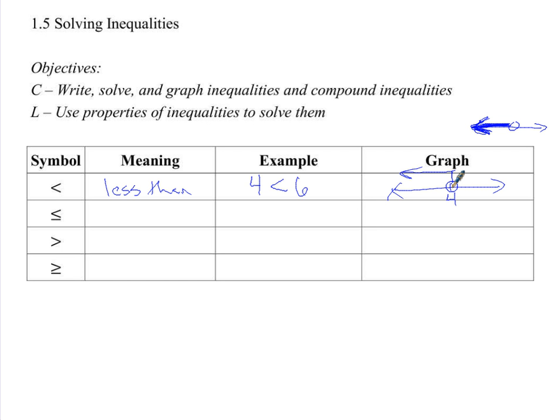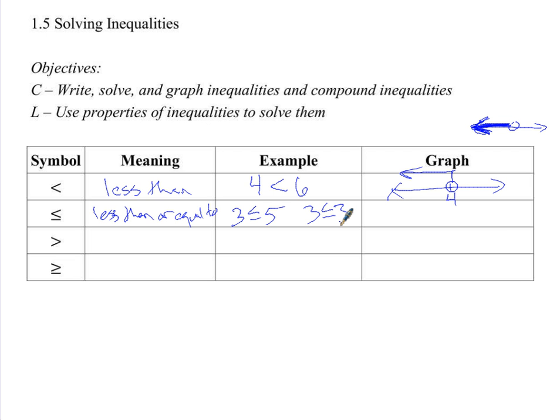All right, what is the next symbol? Good. Less than or equal to. So for example, could I say 3 is less than or equal to 5? Would that be true? Yes. Could I say 3 is less than or equal to 3? Is that true?